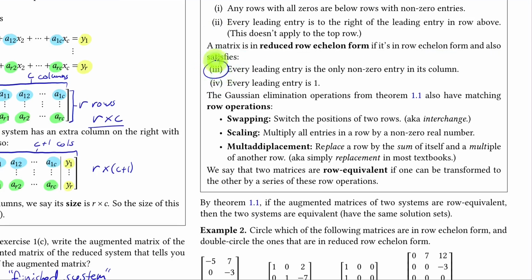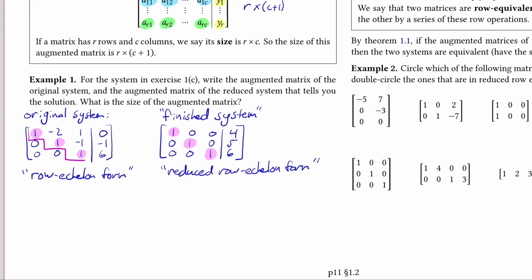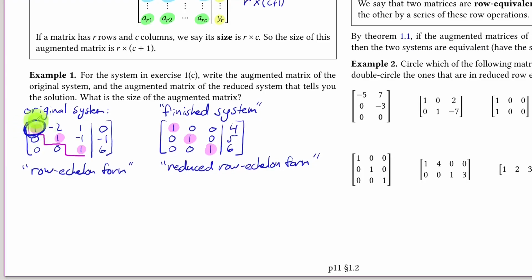Condition 3 says that every leading entry is the only non-zero entry in its column. And let's look at this one. Okay, this leading entry right here in column 1, it is the only non-zero entry because everything else here is 0. This leading entry here is not the only non-zero entry in column 2 because the -2 is not 0.